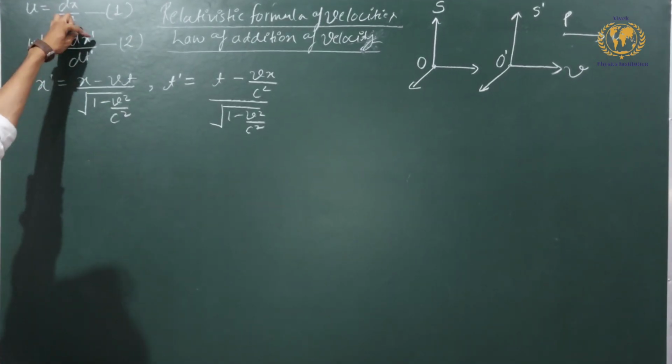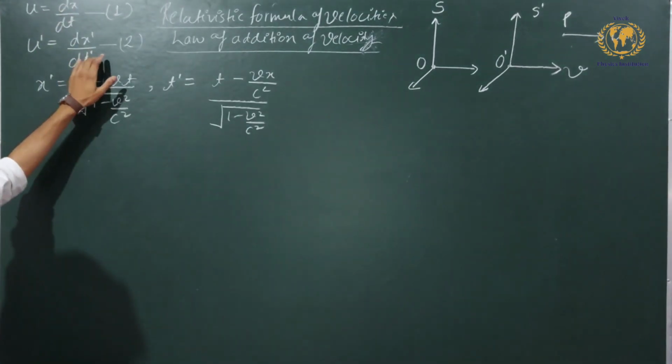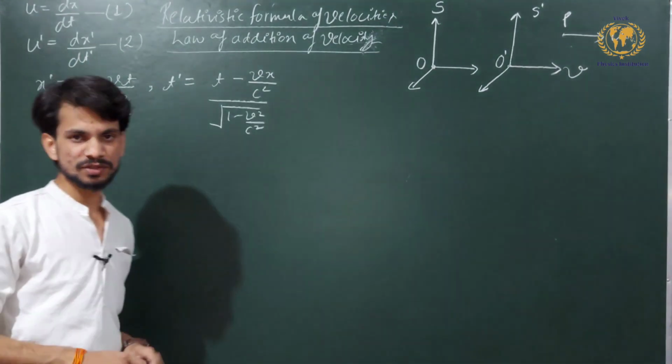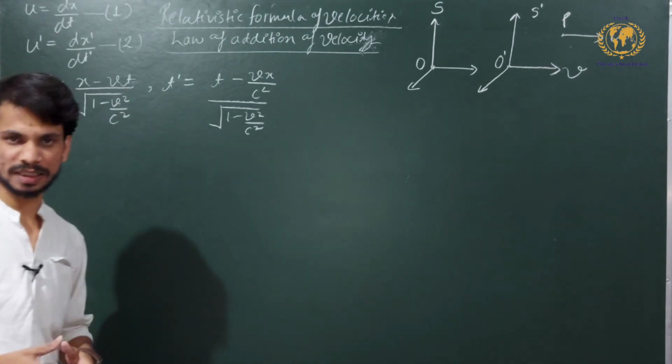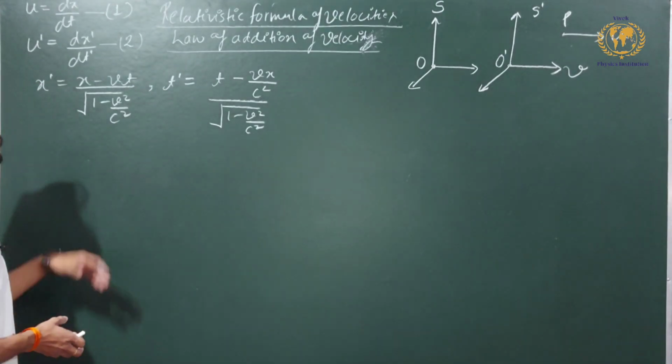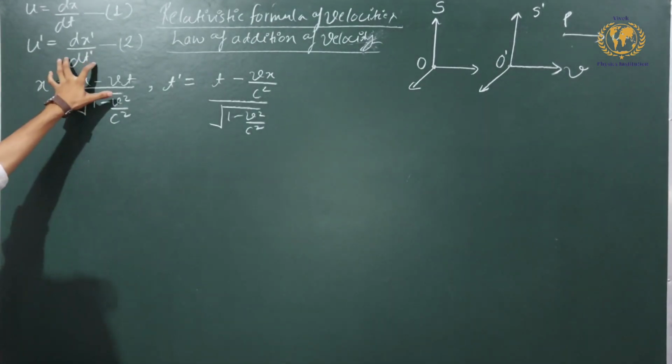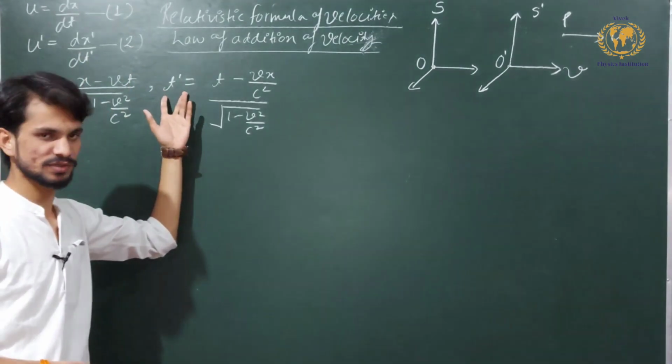To find the values of dx dash and dt dash, we can use these two equations which have come from the Lorentz transformation using the postulates of the special theory of relativity. To find dx dash, I can differentiate this equation, and to find dt dash, I will differentiate the other equation.